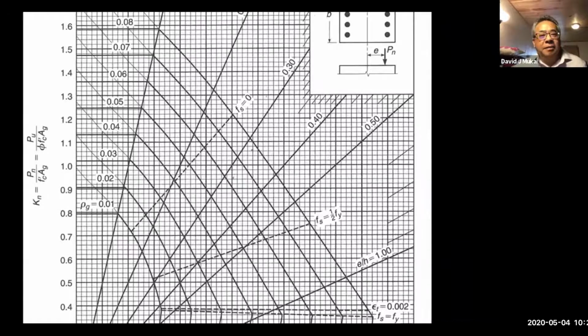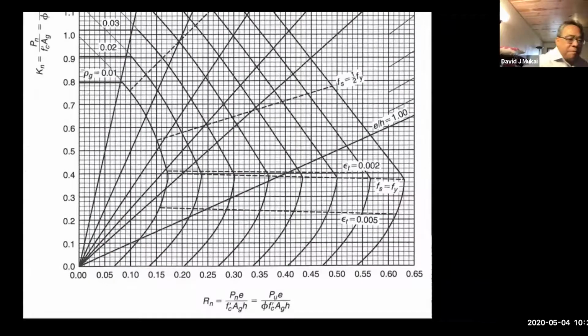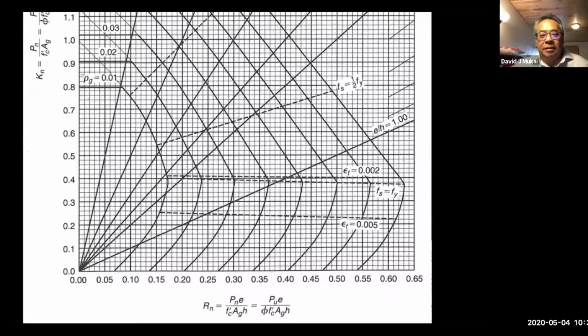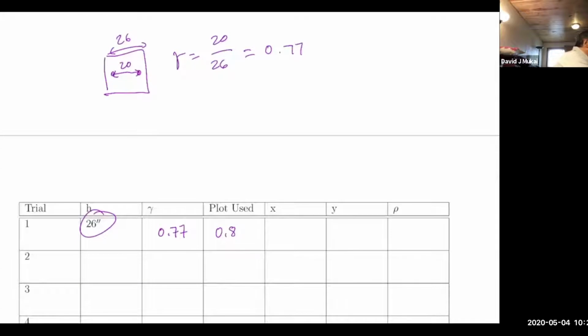And the y-axis is Pn over f prime c Ag. And the x-axis, remember Pn times e is Mn, is Mn over f prime c Ag h. So we have to calculate those two numbers before we can use the graph.